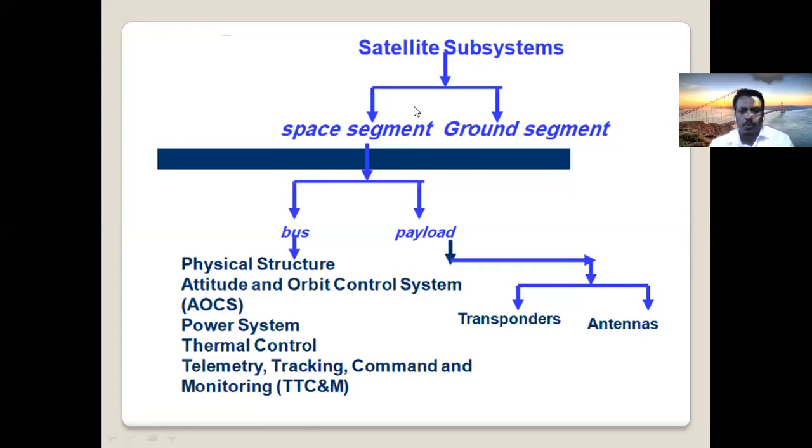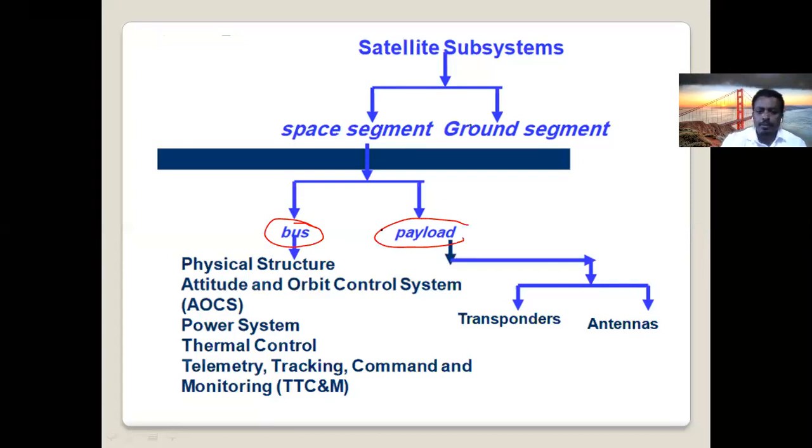So we have started the space segment subsystem. Again, space segment equipment, which is in the space, is divided into two: bus and payload. Okay.